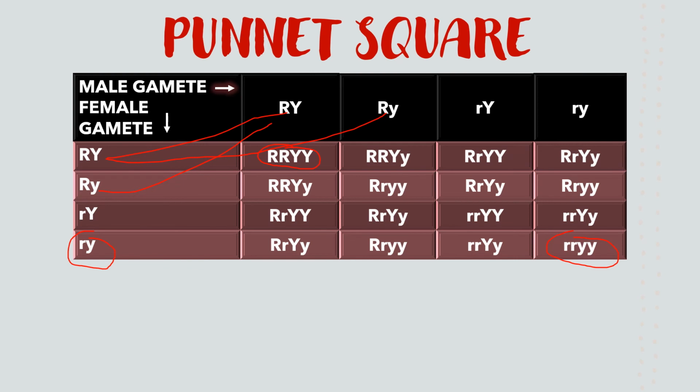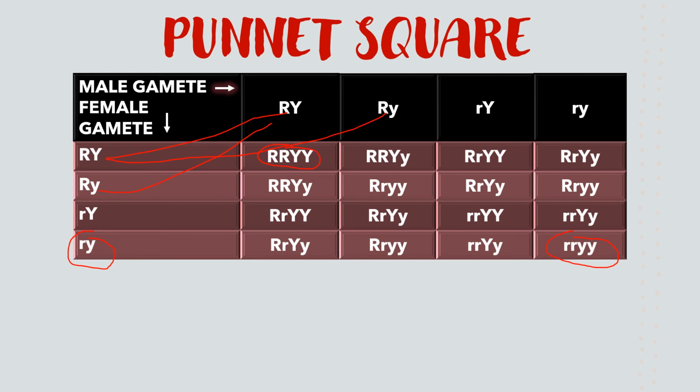Now we know that capital Y and capital R stand for round yellow seeds, whereas lowercase or small r and small y stand for wrinkled and green seeds.